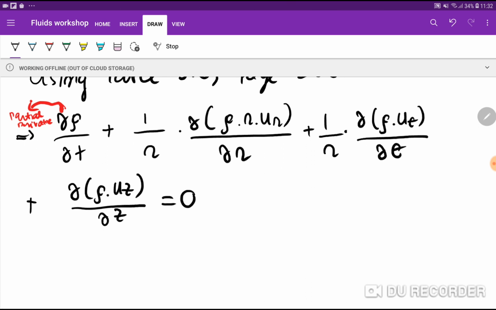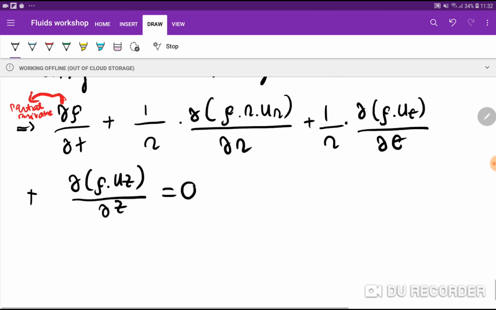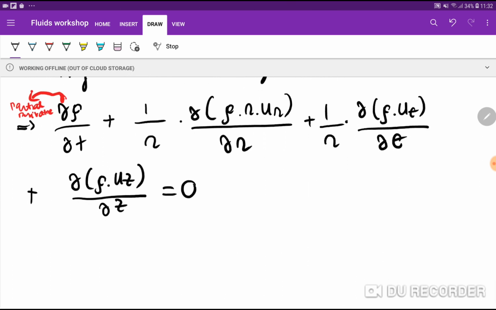Which terms can we cancel out in this case? Yes, we can cancel this one out because this is an incompressible flow, so the density doesn't change through time.